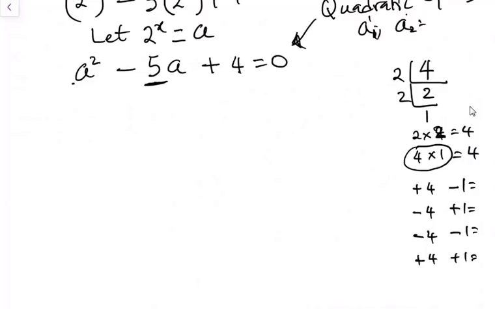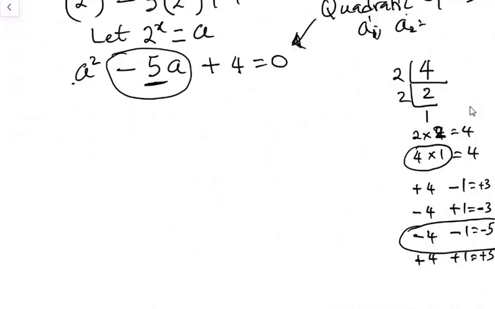Plus is what you have, negative is what you owe. So plus 4 minus 1 will give us plus 3. That is not minus 5. Minus 4 plus 1, you are owing 4, but you have 1. That is minus 3. Minus 4 minus 1 will give us minus 5. Plus 4 plus 1 will give us plus 5. So which one really fits what we have here? You agree with me that it is minus 4 and minus 1.